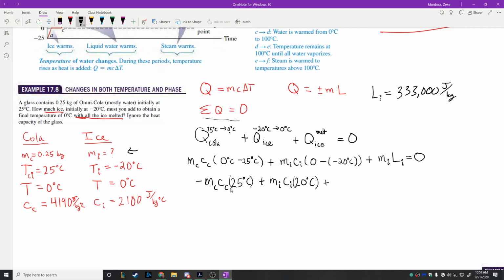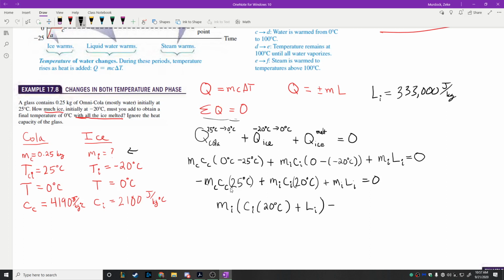And then, plus this. We'll get all the MI terms to the same side and factor them out. So mass of ice times specific heat of ice times 20 degrees Celsius. That's the first term, plus we need the latent heat of fusion of the ice of water.